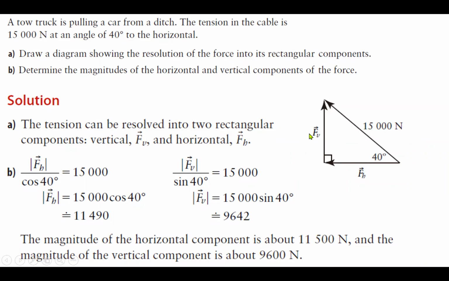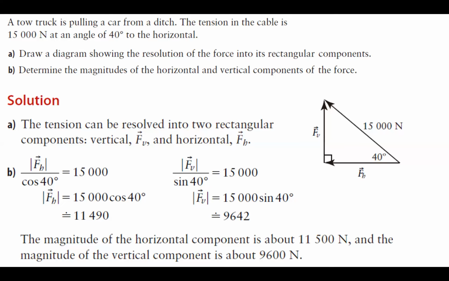And in this right triangle, we have the following relationship. Magnitude of FH over cosine 40 degrees equals 15,000. And this gives us the magnitude of FH equals 15,000 times cosine 40 degrees, which is approximately 11,490.